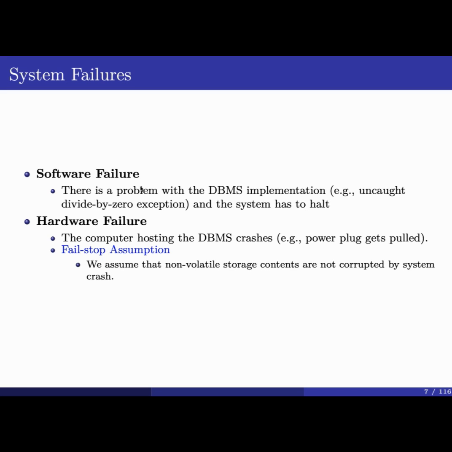There's a bug in the code that we use to build our database system. For example, during the implementation, you didn't handle a divide by zero exception. You divide two numbers, and since you didn't write your database code correctly, if this kind of error happens, the system is going to crash, because the database system itself is going to halt.